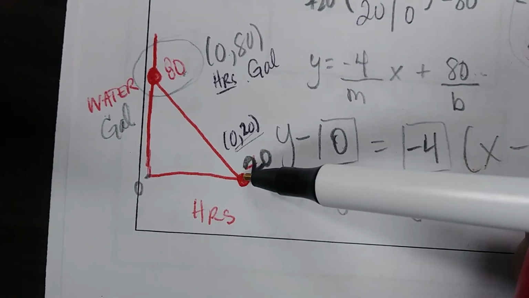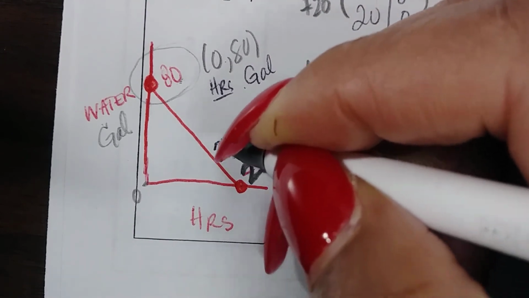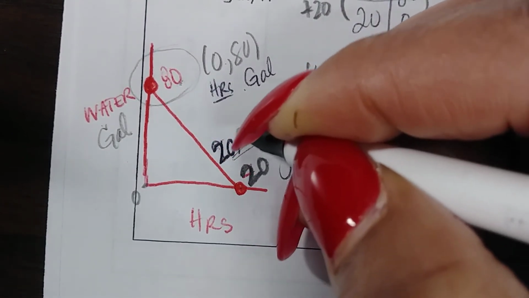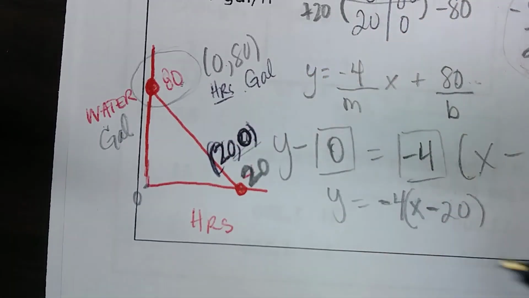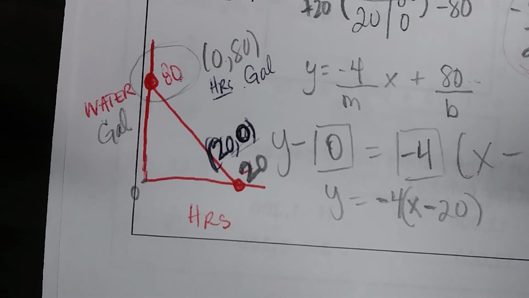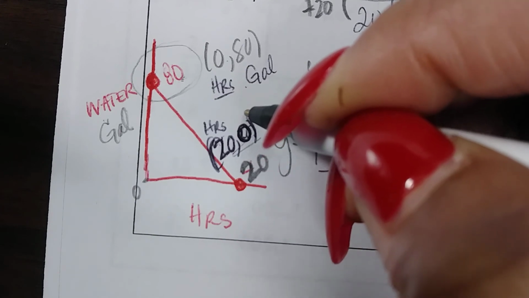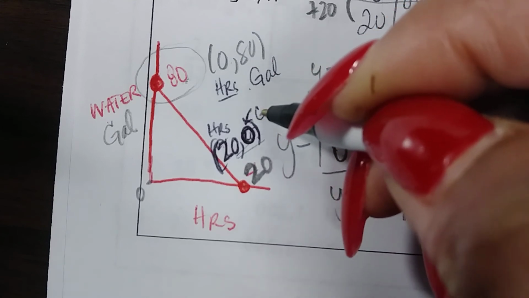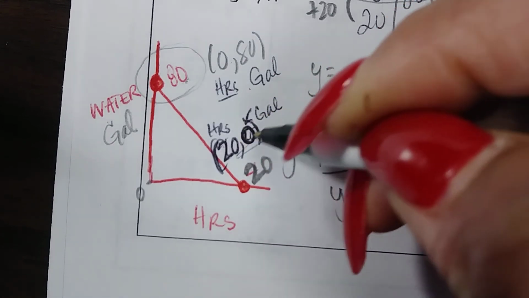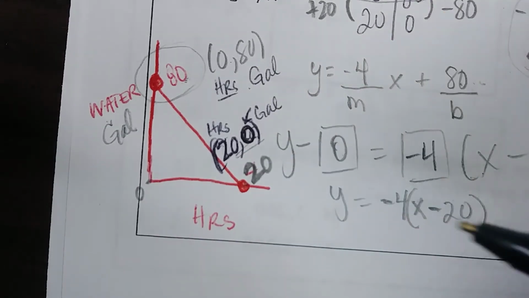I am on the x-axis, so I put the number in the x spot. 20 represents the number of hours. 0 represents what? The number of gallons. If I have 0 gallons, what does this mean? This is how long it took for the tank to be empty.